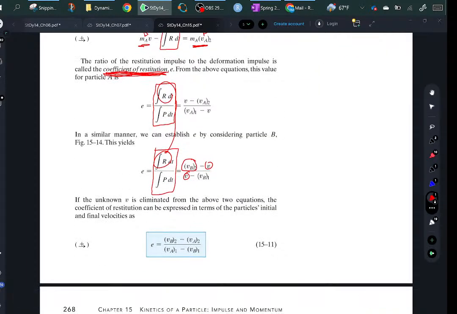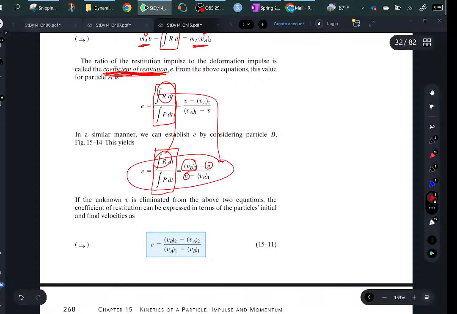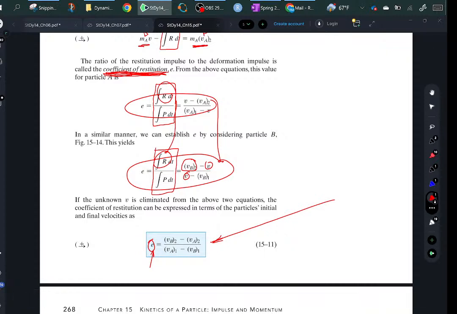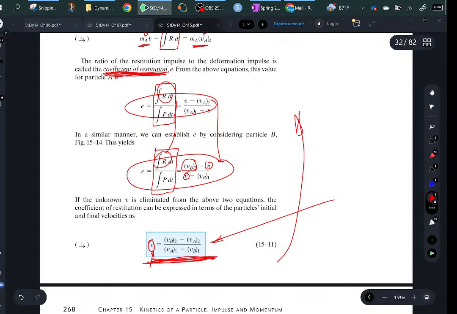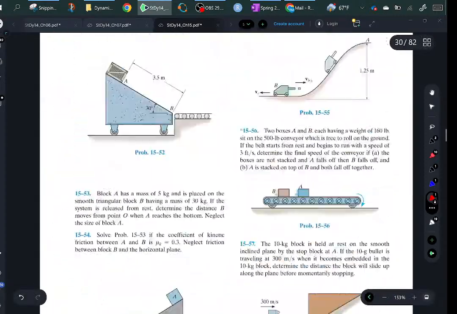And if you look at it long enough, you'll realize this equation and this equation can be combined together to give you something that has a definite form of the coefficient of restitution. Now, what I'm going to do, I'm going to take that term, and I'm going to go back to the other problems and look specifically at what E is in the first problem, 2 trains, and then the second problem.